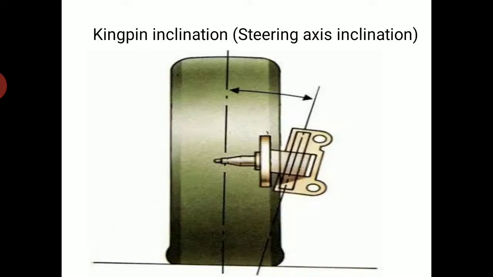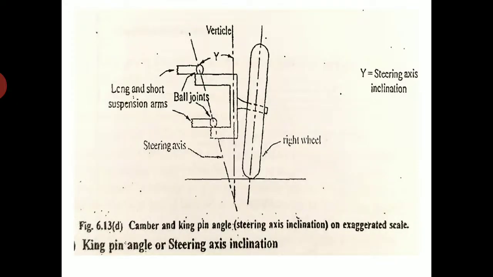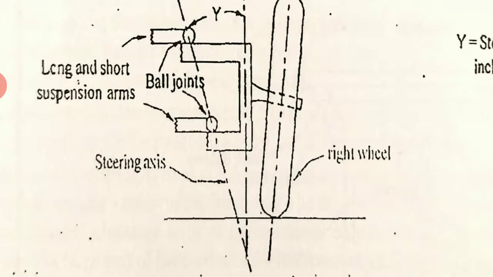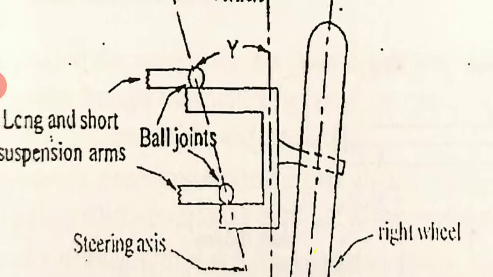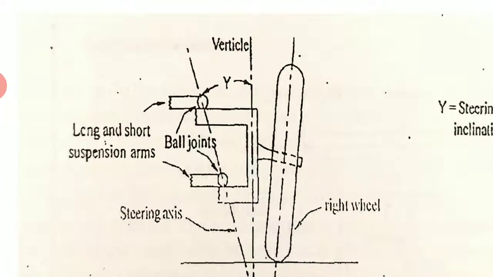So you can understand what exactly kingpin inclination is. The center of the tire has its axis, then there is one pin attached. The inclination is called kingpin inclination. If ball joints are provided instead of that pin, it is called steering axis inclination.